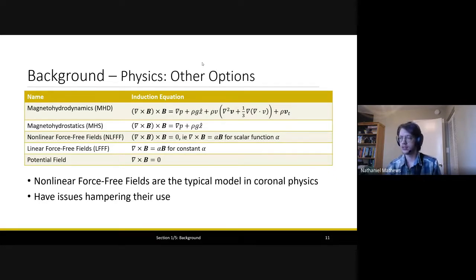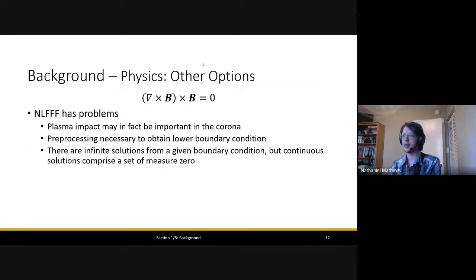Especially nonlinear force-free fields are particularly common when people are modeling coronal magnetic fields. Nonlinear force-free fields have problems associated with them for our purposes. In particular, there are a few issues, actually. First of all, there's reason to believe that plasma does have an impact in the corona, so we can't just ignore it.